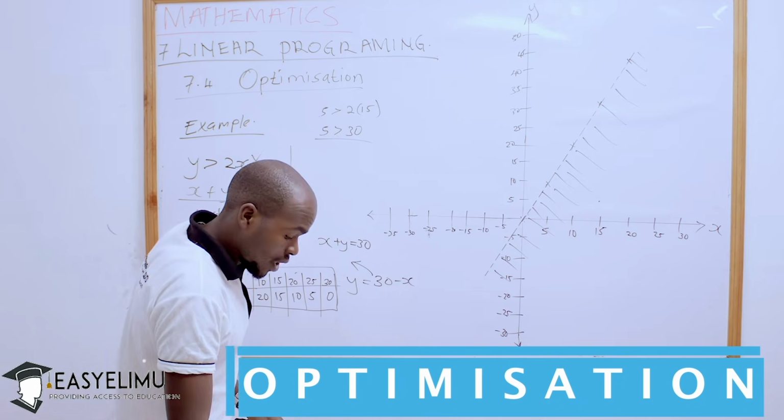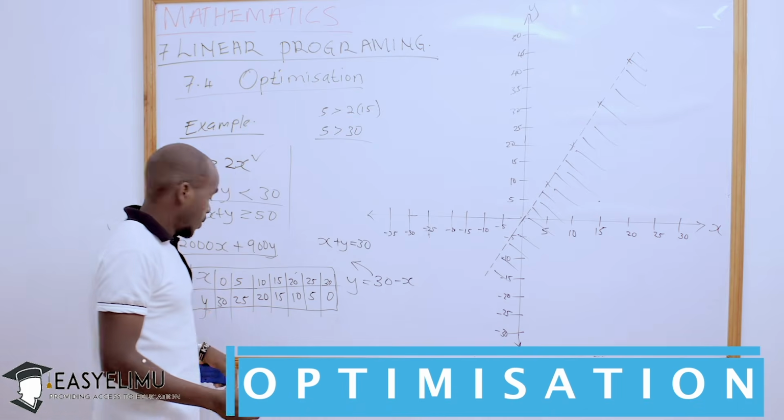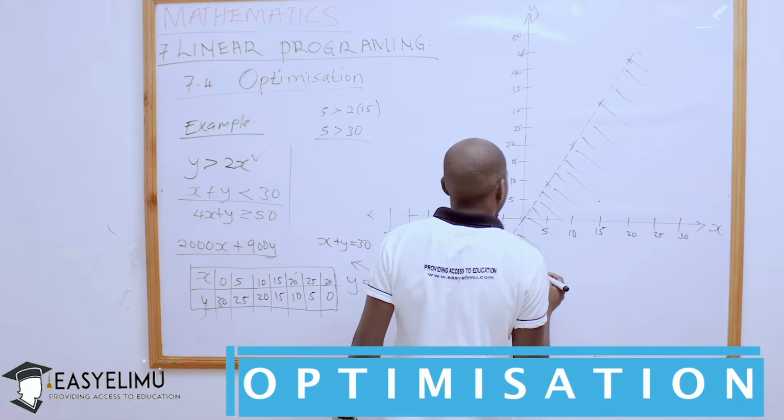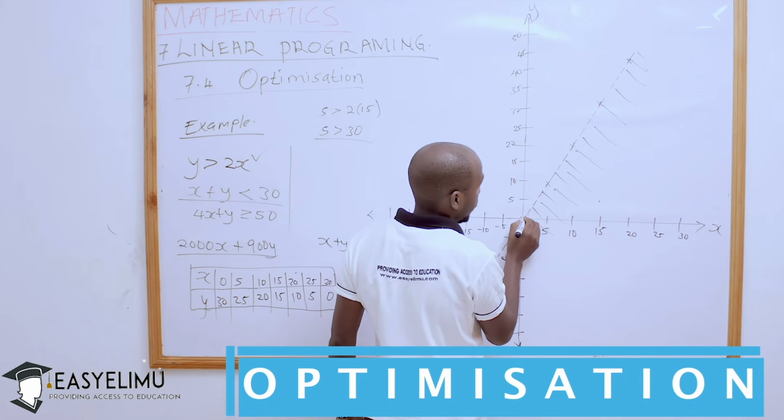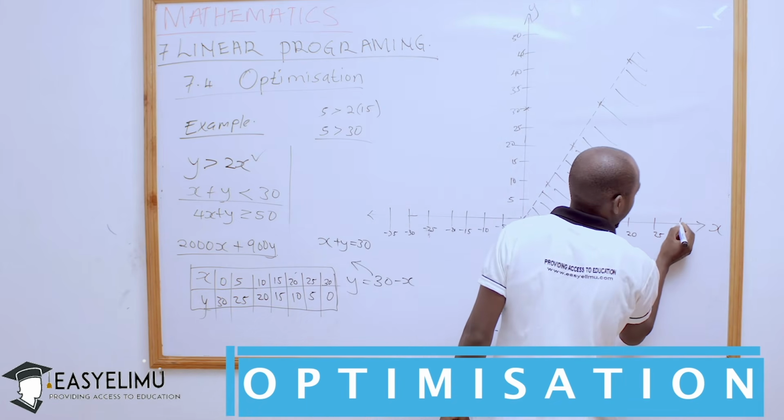So on drawing, let's put it on a Cartesian plane. If x is 0, this will be 30 here.